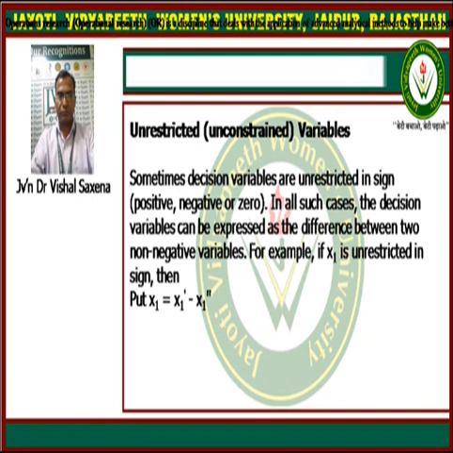For example, if x1 is unrestricted in sign, then it can be taken as x1 equal to x1 dash minus x1 double dash, and when we apply this in the simplex method, then we can solve the problem by the methods of simplex in linear programming problems.